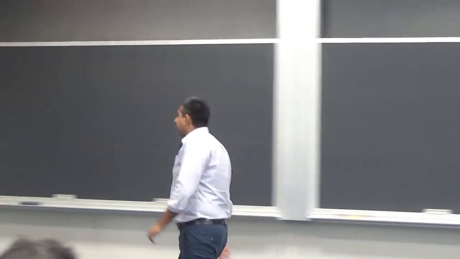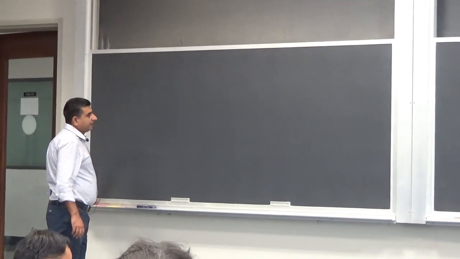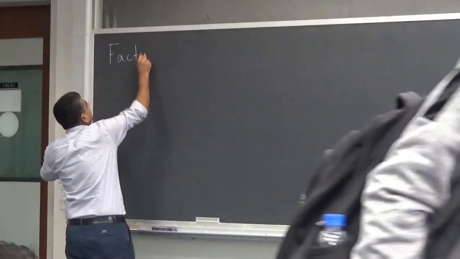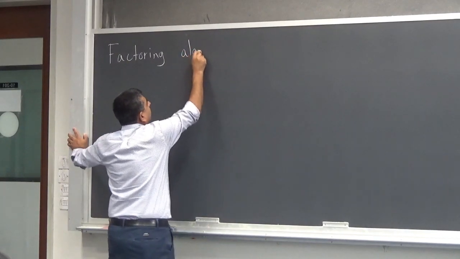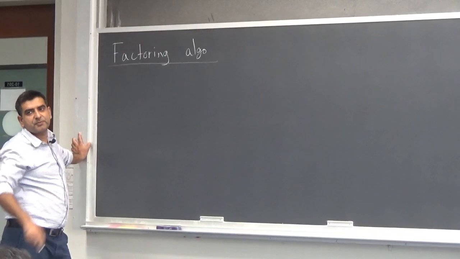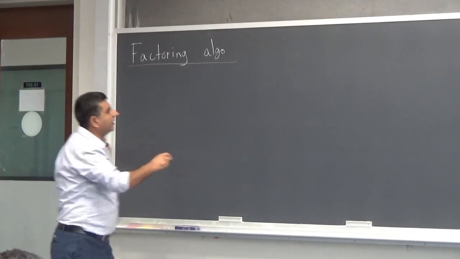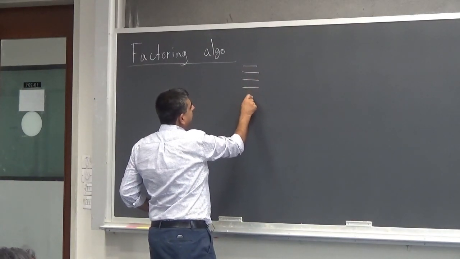So the circuit that we have so far built for the factoring algorithm is as follows. And today I will also give you another view of the factoring algorithm, which is based upon the quantum phase estimation subroutine. So far what we have is two registers.